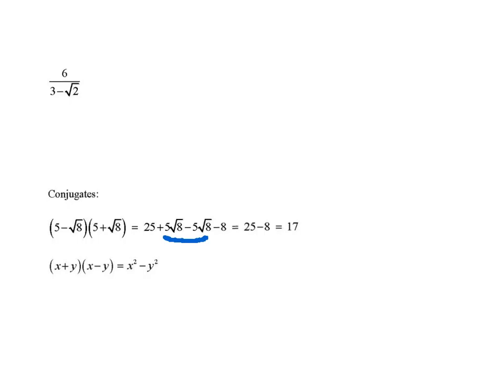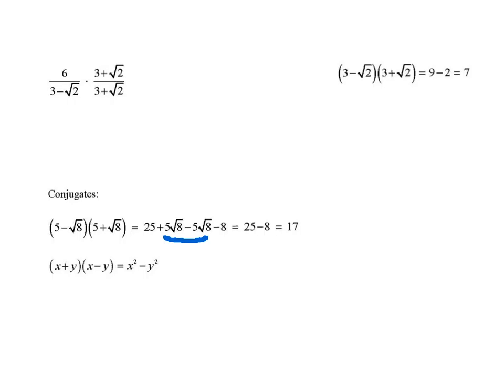So we're going to use this idea to simplify our fraction. The thing we want to multiply by is the conjugate of the denominator over itself. Let's go off to the side and see what the denominator is going to turn out to be. 3 minus root 2 times 3 plus root 2 will give us 9 minus 2.